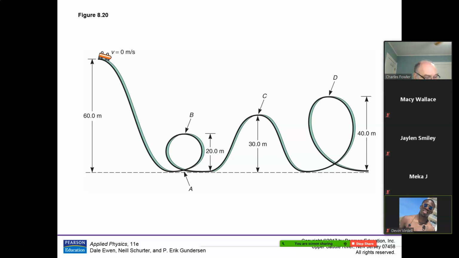Now, this is in a later problem. What I'm going to point out to you now is a concept. You don't have to do any problems with it, but let me just give you the concept. There are a couple of kinds of collisions. One kind of collision is called an elastic collision.